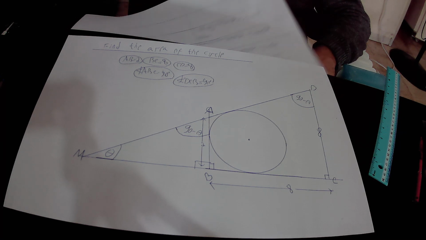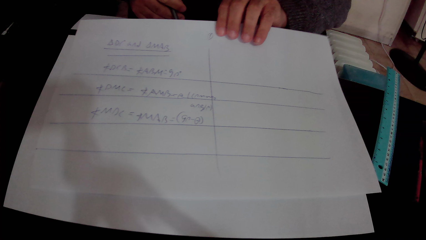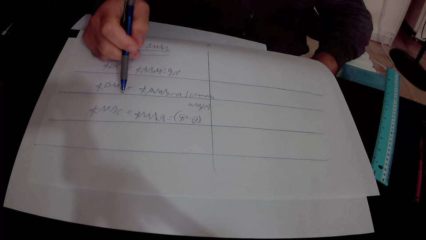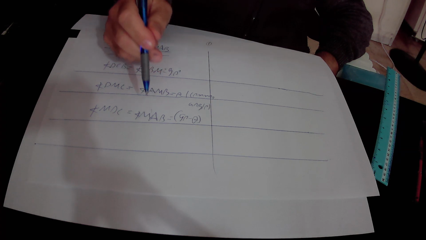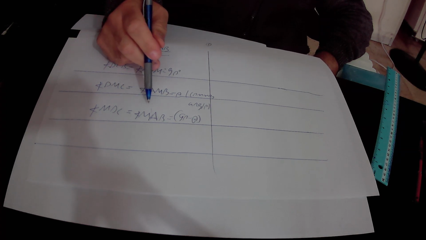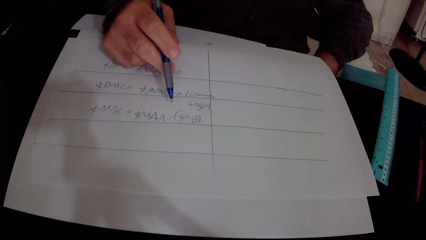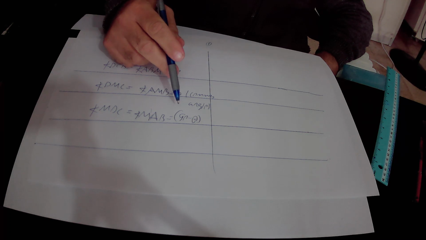Repeat again. Angle MDC, the big triangle, equals angle MAB, the small triangle. They are both equal to 90 degrees minus theta, therefore they are equal to each other.